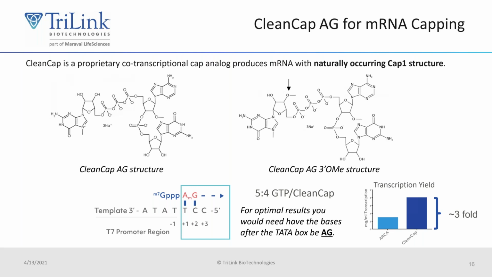Since it is known that T7 RNA polymerase prefers to initiate with a guanosine triphosphate, we engineered CleanCap to outcompete that. And so you don't have to limit the GTP or any nucleotide in your transcription reaction, which promotes the high yielding transcriptions that CleanCap offers, while still being highly efficient due to those reasons I mentioned.